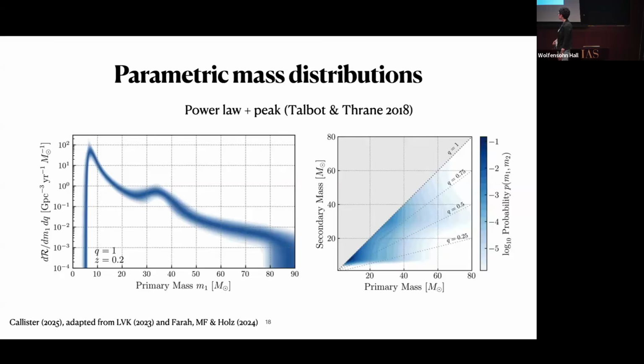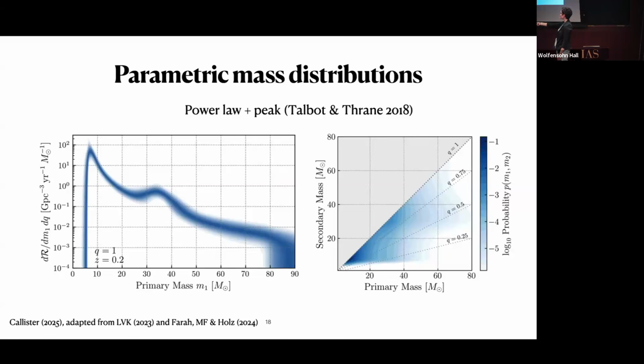I should also say the plots I'm going to show vary a bit in convention. Both of these plots I've taken from this recent review paper by Tom Callister. Actually, a lot of the plots I'm going to show are by Tom Callister because I just love his plots. He's great.